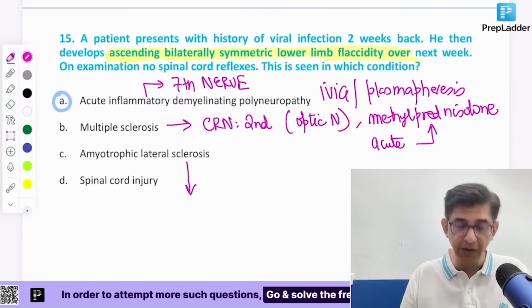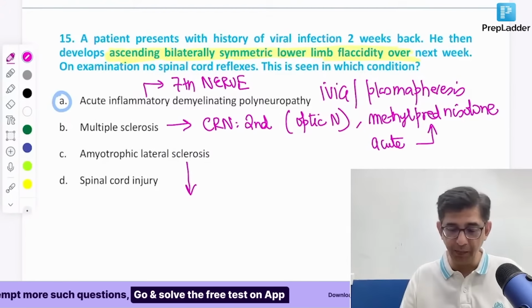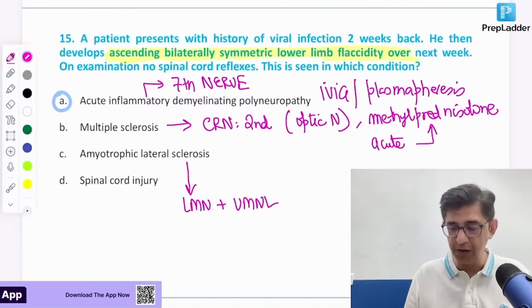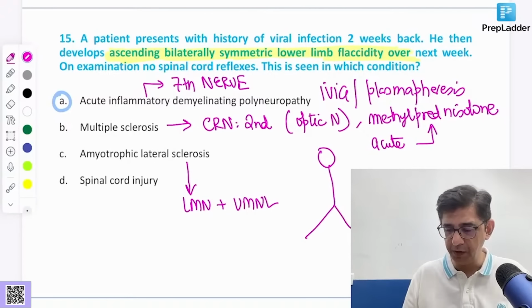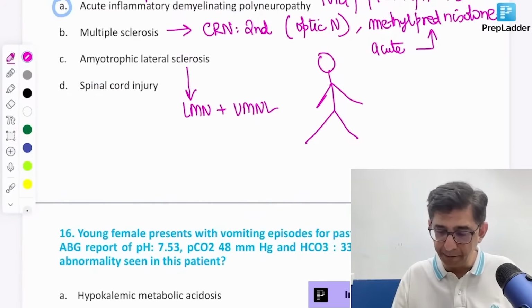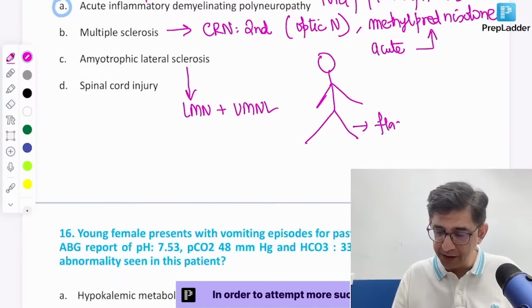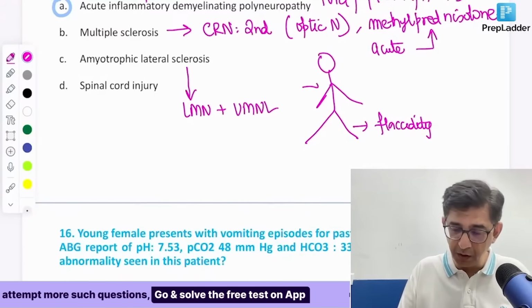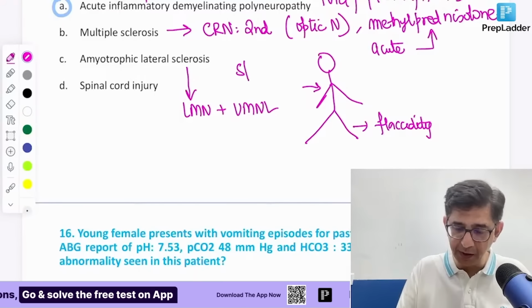Amyotrophic lateral sclerosis is again a very famous topic of your exam. Just remember this, the question will have features of both lower motor neuron lesion and upper motor neuron lesion. The question will begin like this, that in the leg of the person there is flaccidity, and in the arm of the patient, on the same or the opposite side, there is spasticity.